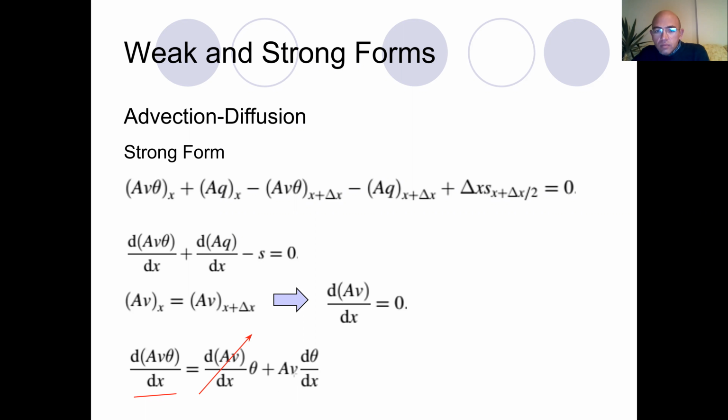As delta x is getting smaller and smaller, the velocities will be coming very close because I'm just taking the limit. There is no sharp change in the velocity. Then I can easily neglect this term and I will be left with area multiplied by the velocity, d theta/dx.